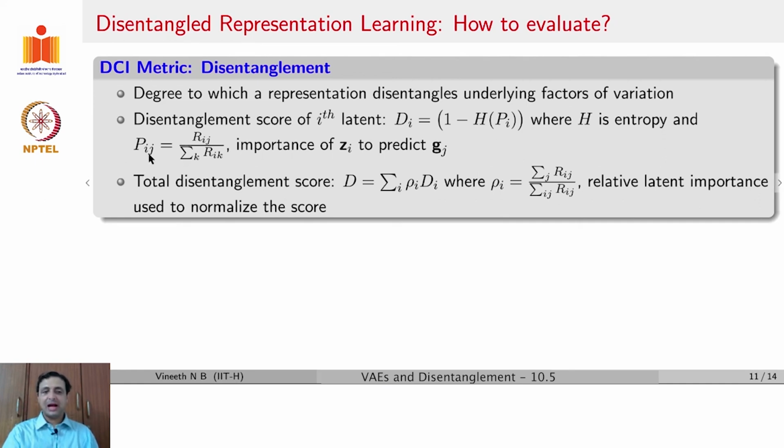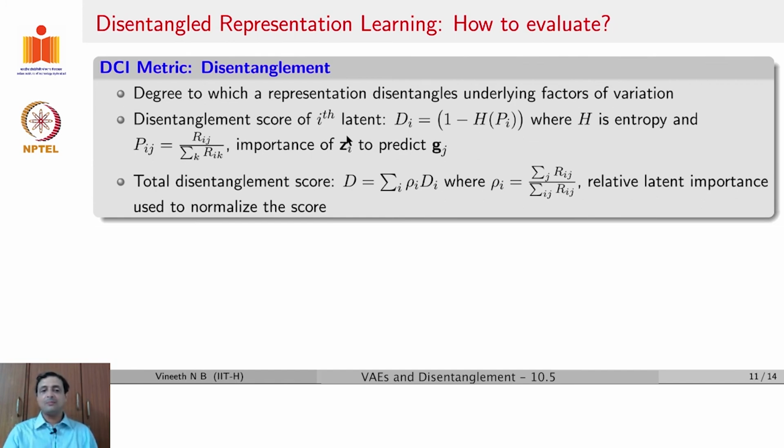Pi is defined as a vector of Pij's for each generative factor Gj, where each Pij is given by Rij in that matrix divided by all the entries in that particular row i corresponding to that latent factor. So that's the disentanglement score of the ith latent.